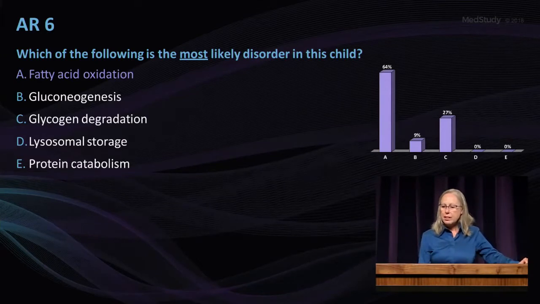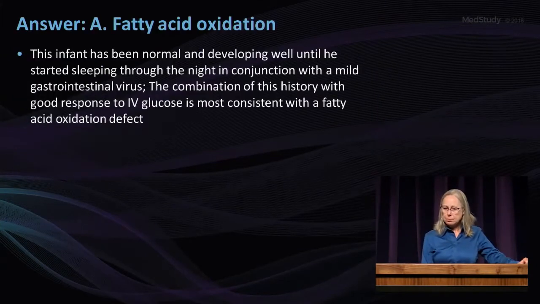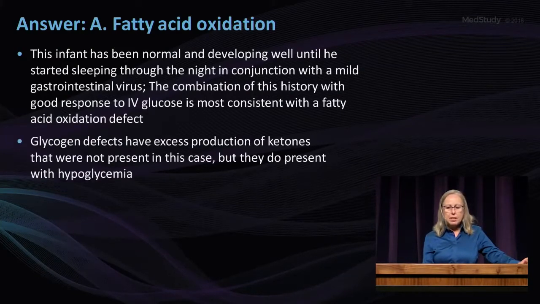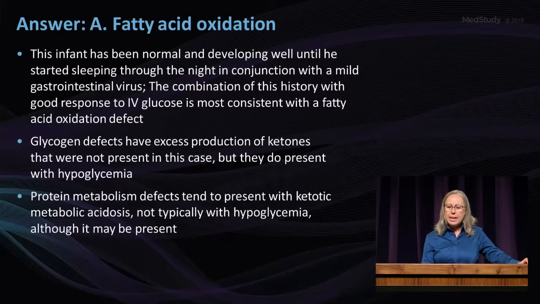And this is a fatty acid oxidation defect. He's been developing fine. He's now sleeping through the night. He's hypoglycemic, and he's not making ketones. So he's not breaking down his fats. He's not getting off the acyl-CoA to make a ketone. If you had a glycogen storage defect, you'd have hypoglycemia and a lot of ketones.